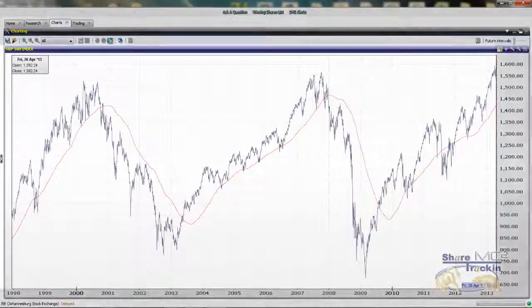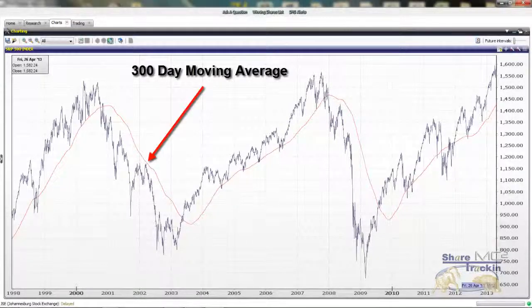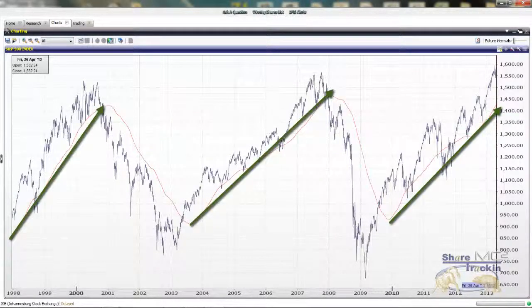Consider this chart. Here you can see the S&P 500 index from Wall Street over the past 15 years, together with a 300-day moving average. Notice how the moving average clearly shows the major bull and bear markets over that period. And this is one of the most useful applications of a moving average.